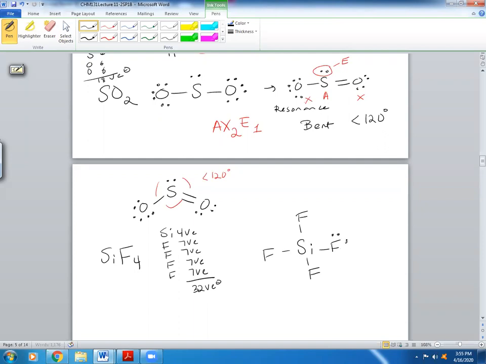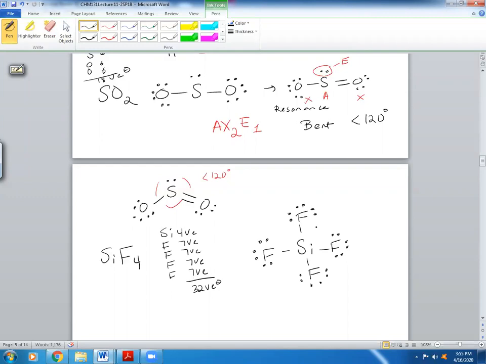Put 2 lone pairs on each side. So that's 8 for each fluorine. Okay. Is each fluorine happy? Yes, 8. Is silicon happy? Yes, it has 8. 2, 4, 6, 8.